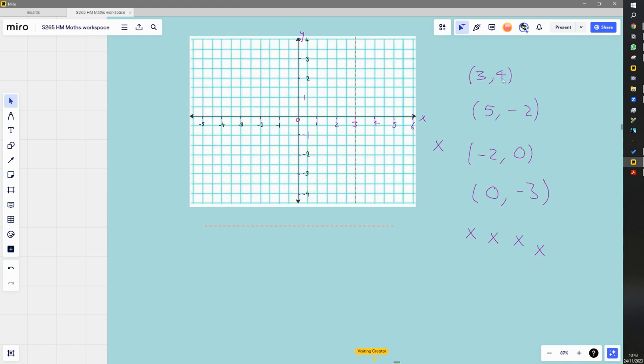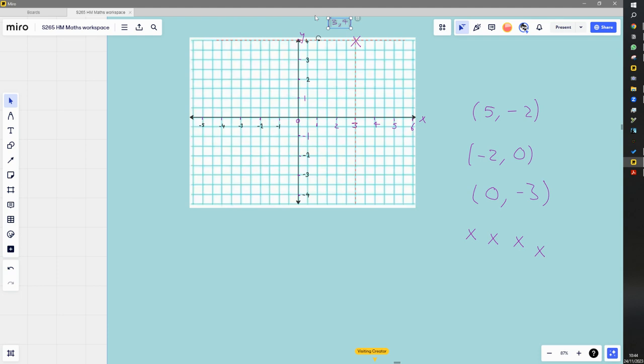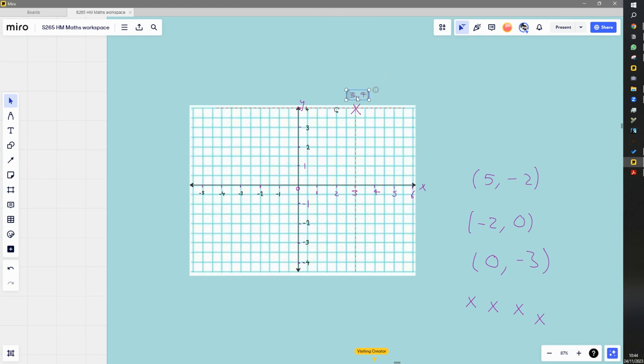The 4 tells me where it is on the y coordinate, and the 4 shows me it's going to be somewhere on that horizontal line. And so because it's got to be on both those lines, it's going to have to be right here. So the 3, 4 is this one here. Okay. So I'm going to just move this, shrink it, and label it there.